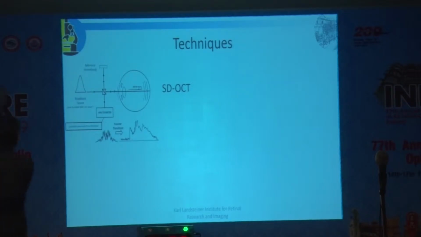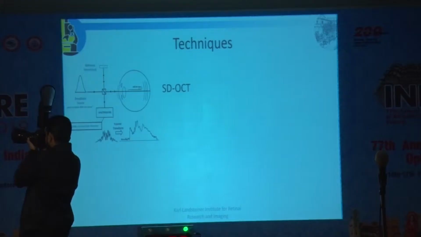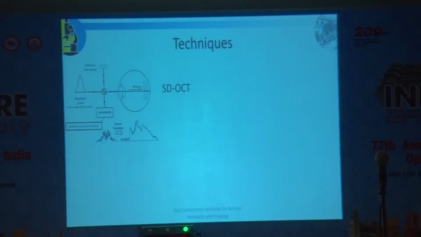Coming to the technique of SD-OCT, of course you all know 840 nanometers wavelength, but it can work on different wavelengths. What is special about SD-OCT is the spectrometer, which is a line detector and goes afterwards to Fourier analysis. With SS-OCT, you have a tunable 1050 nanometer laser and a point detector.